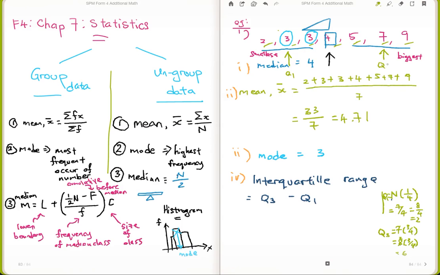Third quartile. Therefore, it would be 7 subtract 3. The answer would be 4. Quite easily done. Okay. Once you have interquartile range, we are going to do variance and standard deviation.